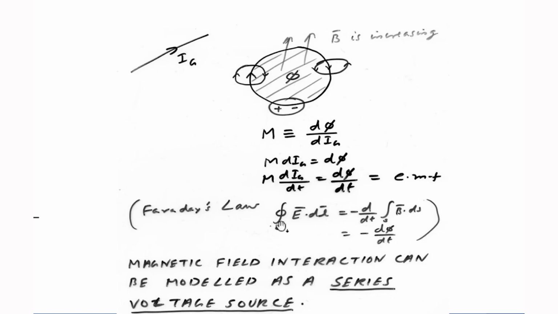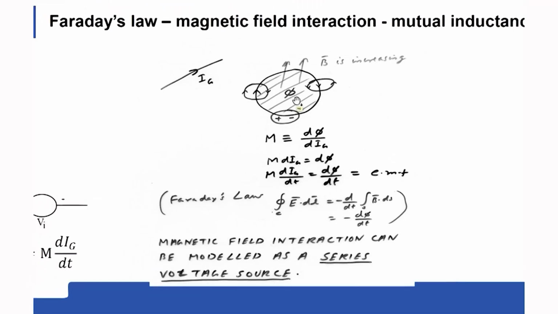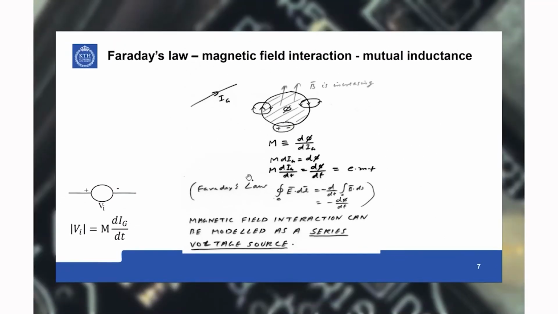So you can see how Faraday's law of magnetic field interaction can be modeled as a series voltage source if you are involving a circuit. This phenomenon of magnetic field interaction can be replaced by a voltage source.